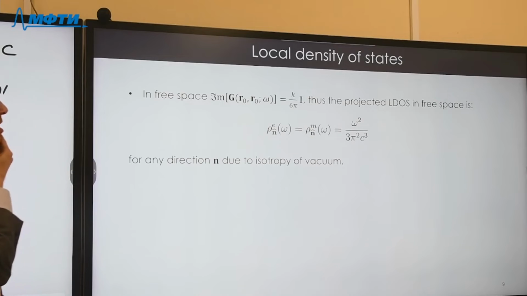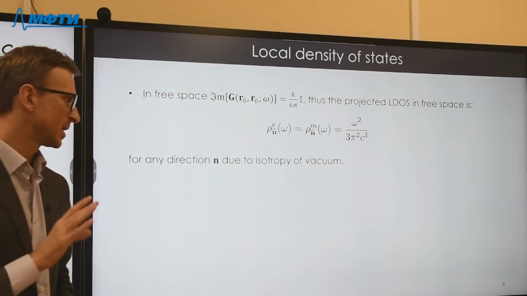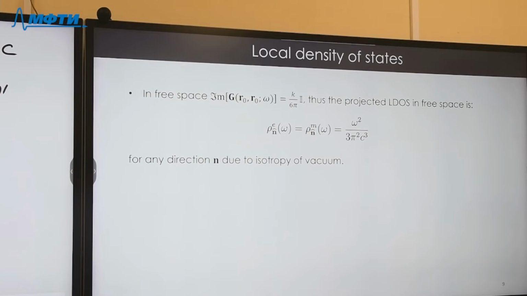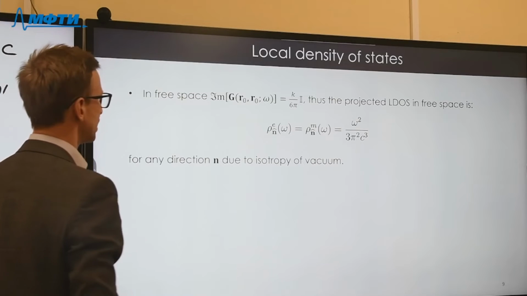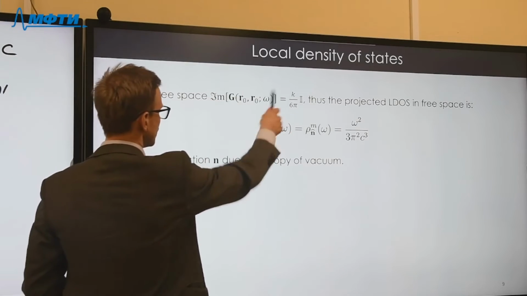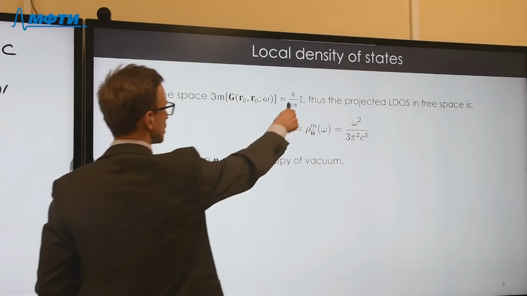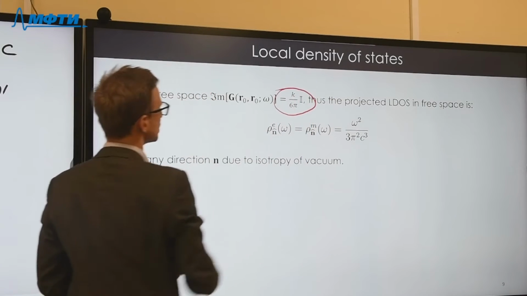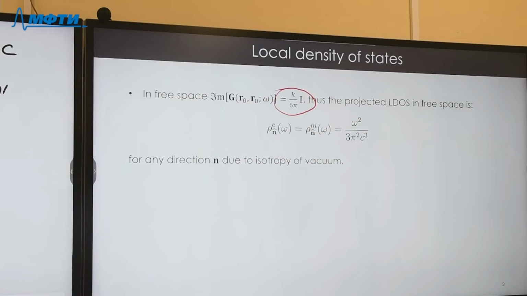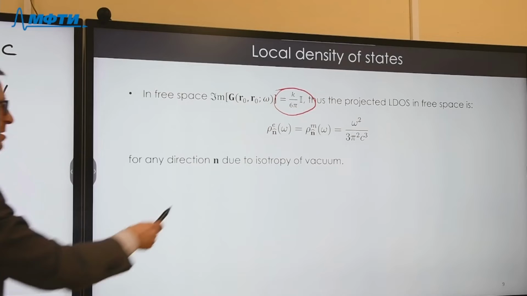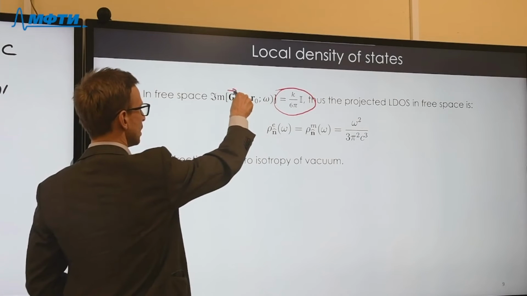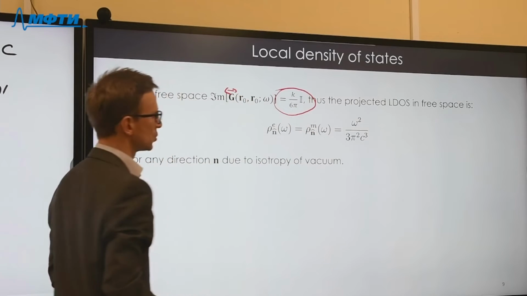Now, one particular case for the density of states: free space. Let's find out what the values of density of states in free space are. In free space, we can immediately calculate the imaginary part of the Green's tensor at the origin, and it is going to be k over 6 pi times the unit dyad, because this is still a tensor, and the imaginary part should still be a tensor.